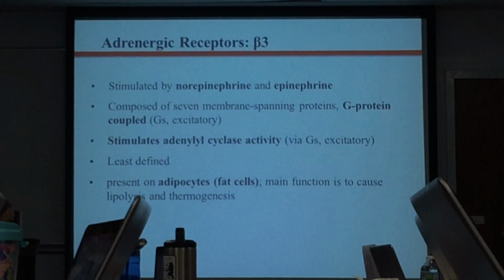Beta 3, based on the literature, is Gs, but it's less defined. The physiology of beta 3 is not clearly known, but it's present on adipocytes and regulates lipolysis.